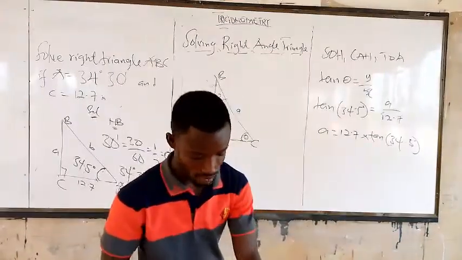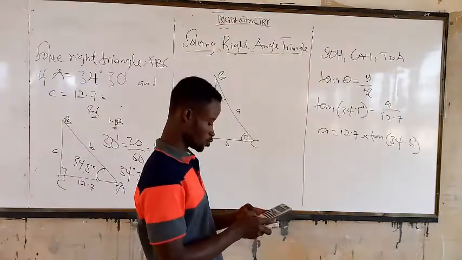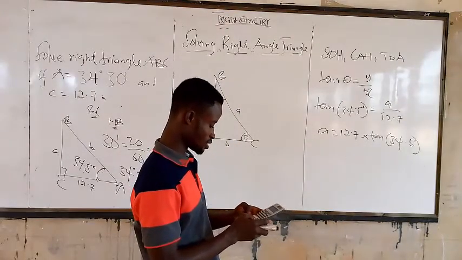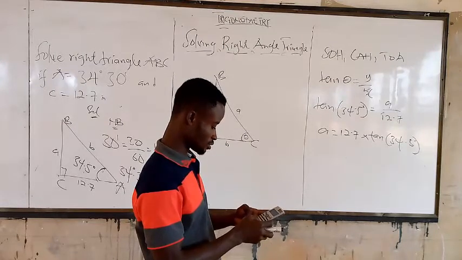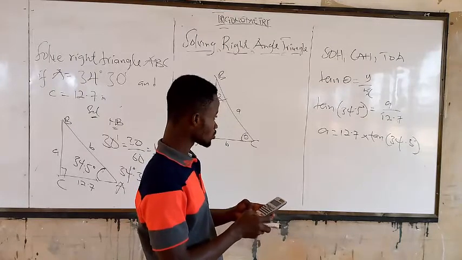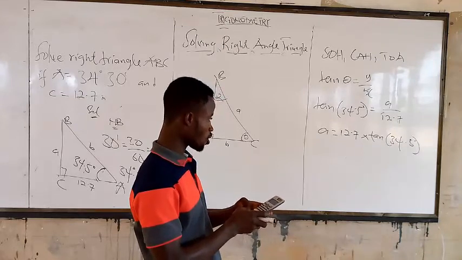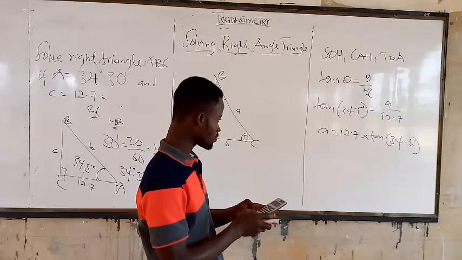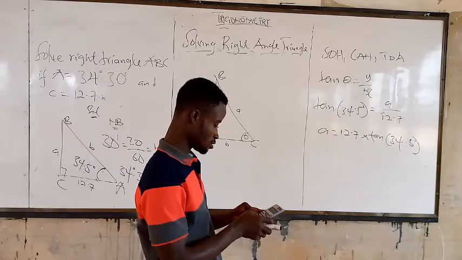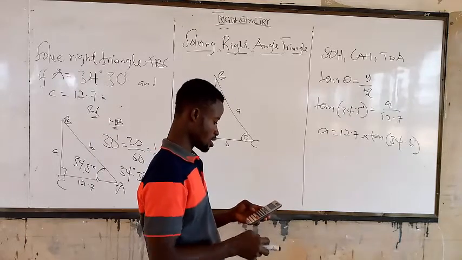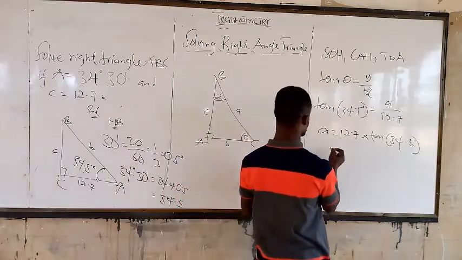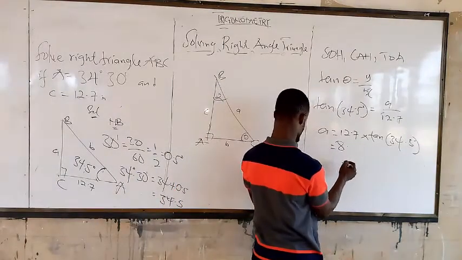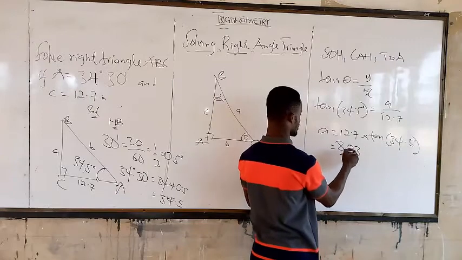Make sure your calculator is in degree mode, and that is going to give you 8.73.